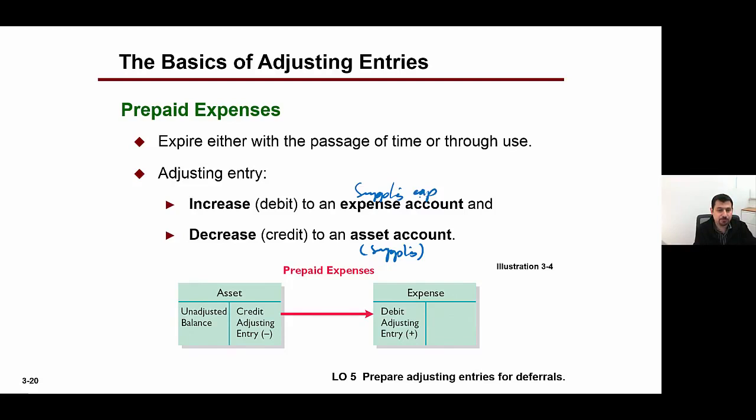Now, as you remember, expenses are debit. So in order to increase them, we debit the account supplies expense and we credit the asset account supplies in order to decrease it. So as you can see here, this is the unadjusted balance of the asset, supplies. Here we credited the asset and we debited the expense.